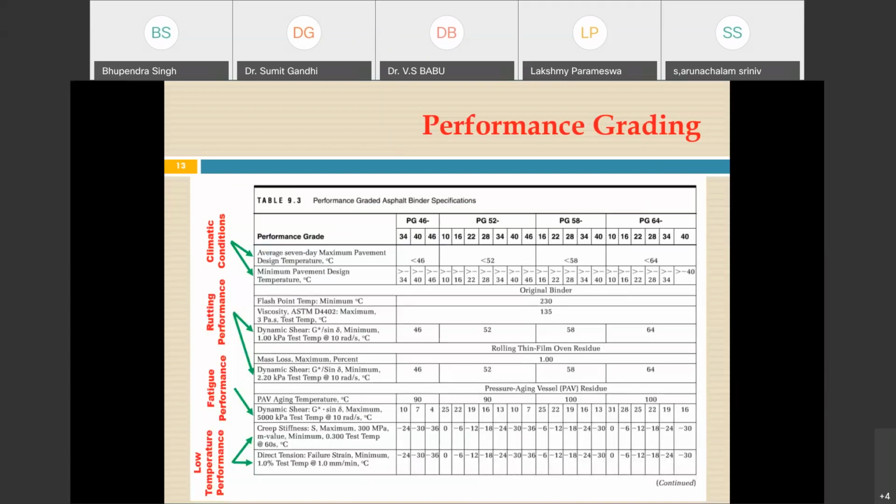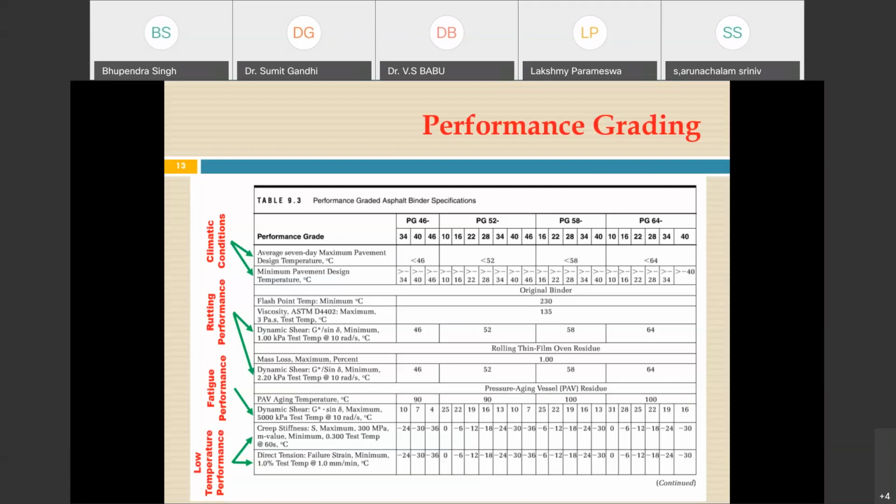In the earlier grading criteria, we were not considering them. We were just checking the viscosity at a temperature, or the penetration in a test. So in performance grading specifications, all these criteria are considered. In climatic conditions, the average 7-day maximum pavement temperature is taken, and the minimum pavement design temperature is taken.